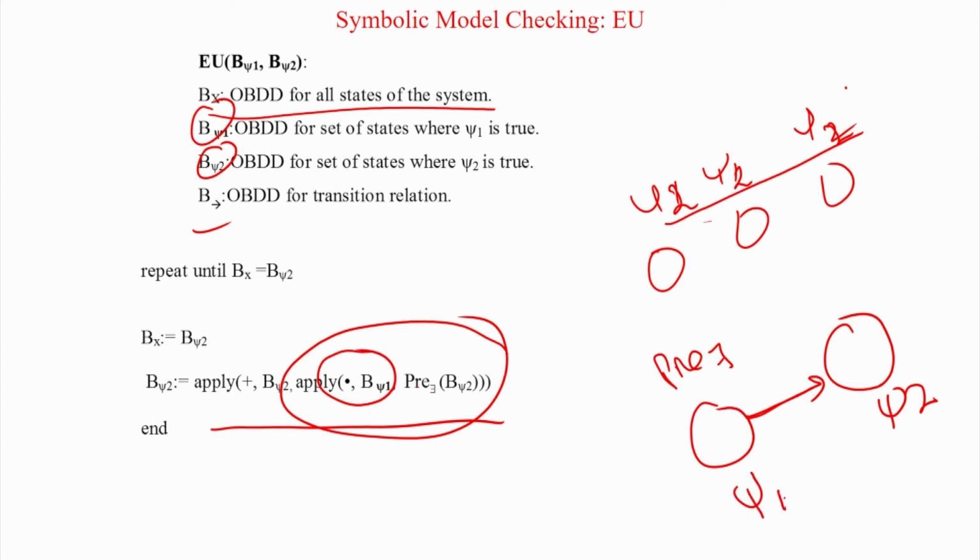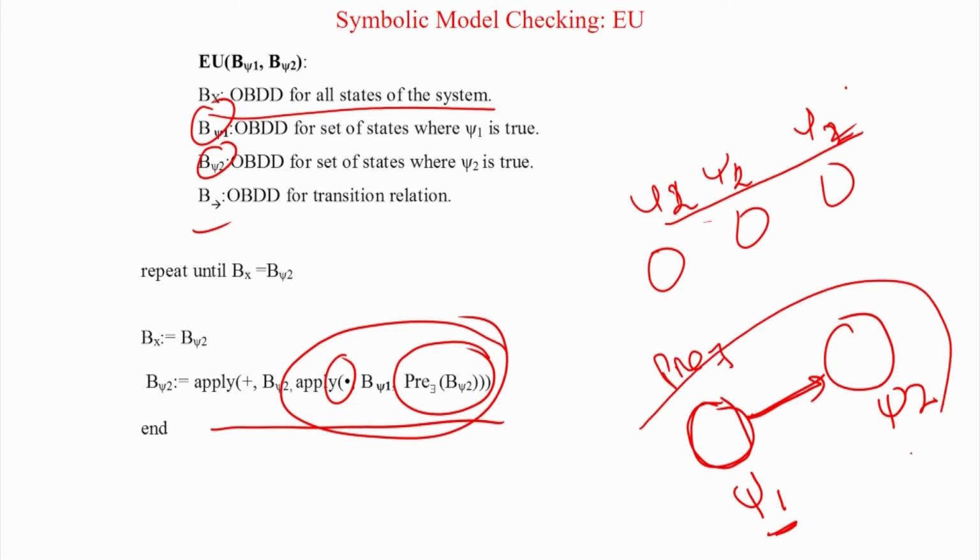So again, repeating: pre of this one stands for the states where in the next state psi 2 is true. Along with it, you have an AND condition, that is apply dot. What is that AND? That in this state psi 1 is going to hold. So psi 1 holds, and in the next state psi 2 is going to be true.